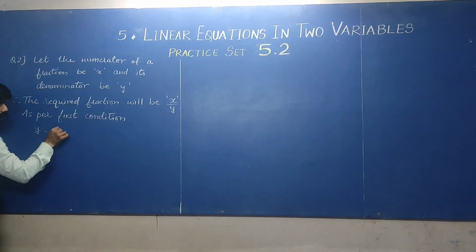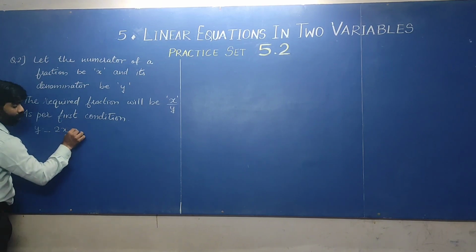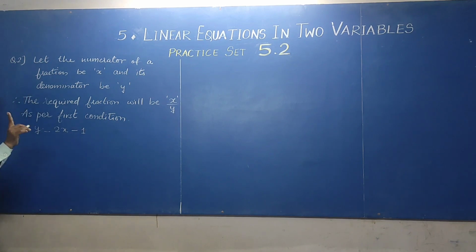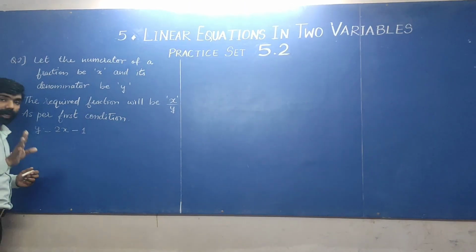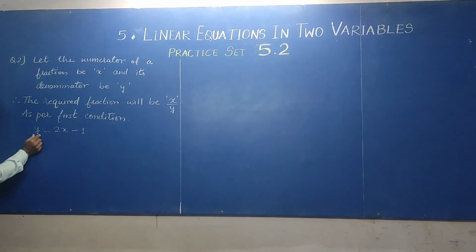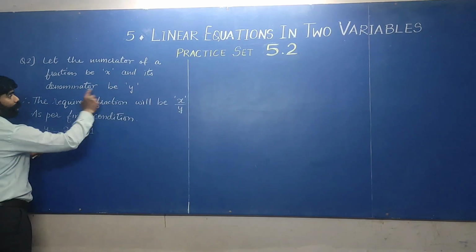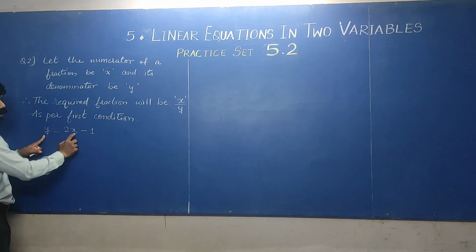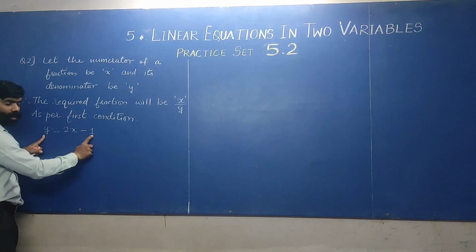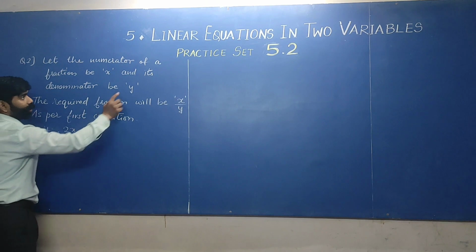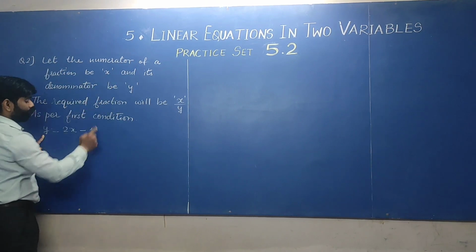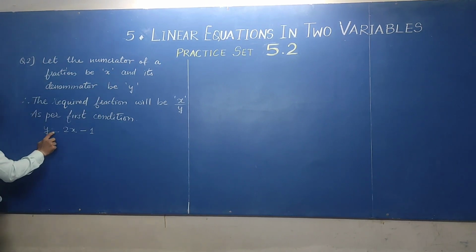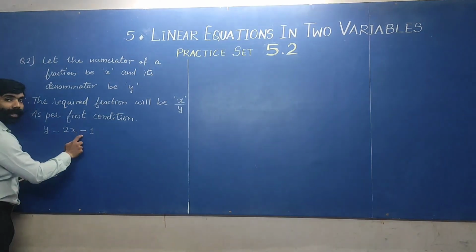Numerator is our x, so twice the numerator is 2x, and 1 less. Understand the condition correctly. The denominator is y, which is twice the numerator less by 1, so it is minus 1. So we are dealing with y is equals to 2x minus 1.